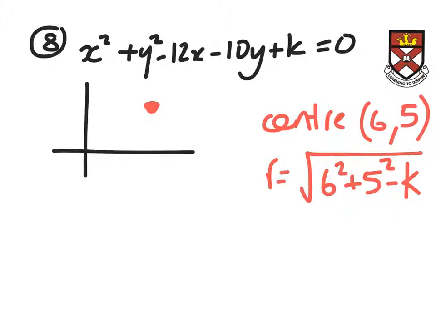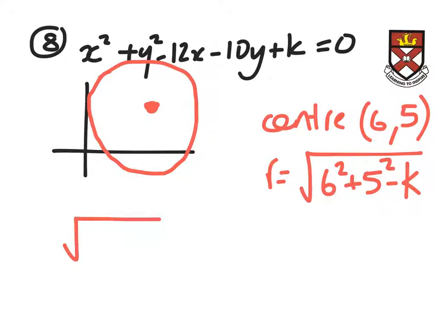There is no point making the radius 5 to touch this axis because it doesn't touch the other axis. Therefore, the condition where it just touches that one but goes through there and comes back up, that happens when the radius is 6.